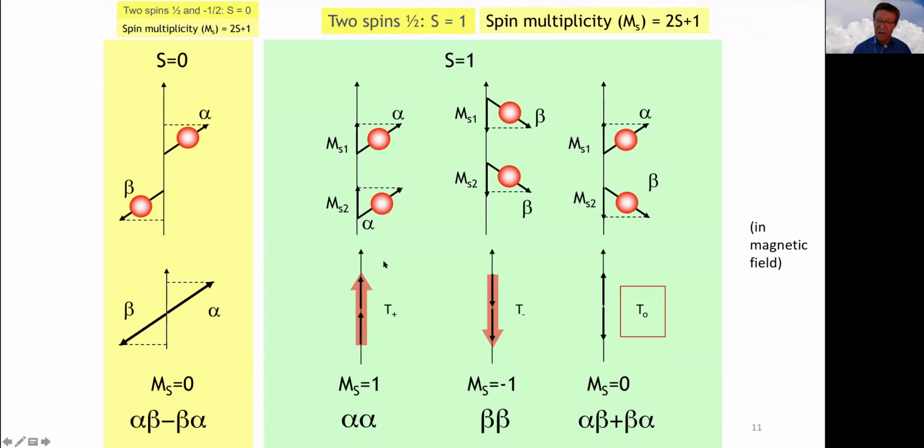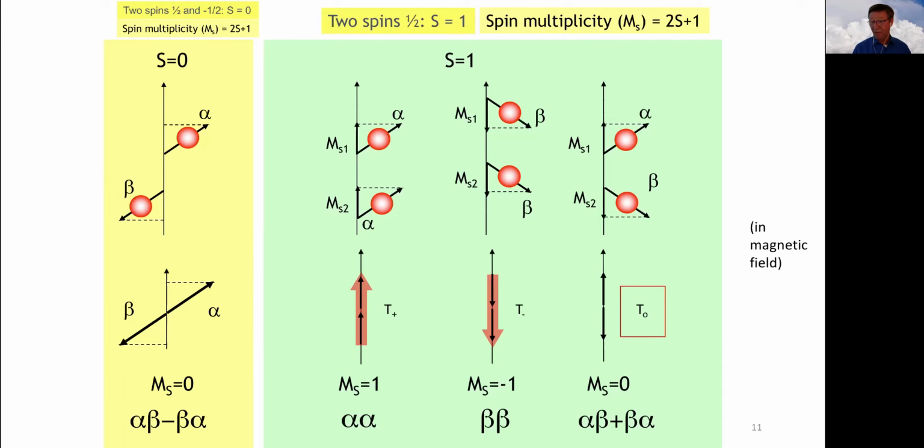So either the 2 arrows are pointing up, pointing down, or pointing like that. So in that way, the mechanism sort of populates one specific sublevel of the triplet. And this is important for the spin dephasing.